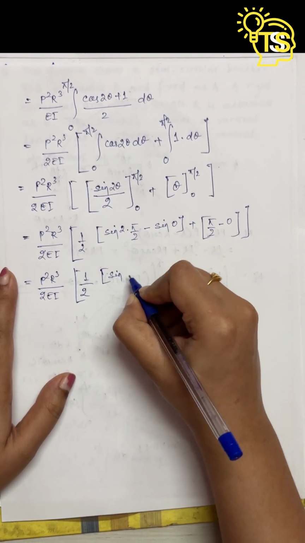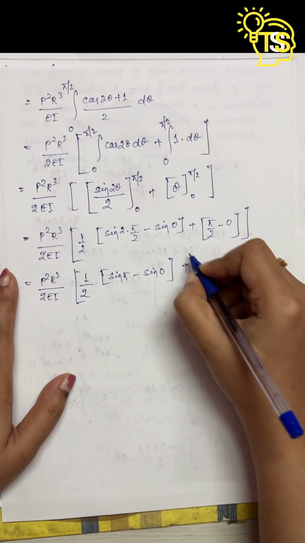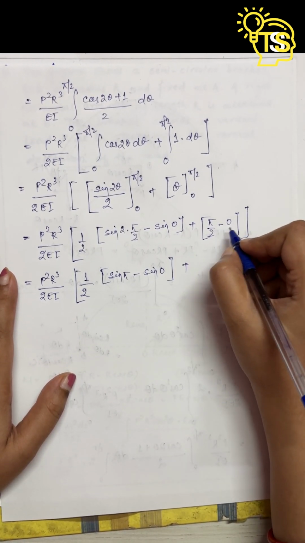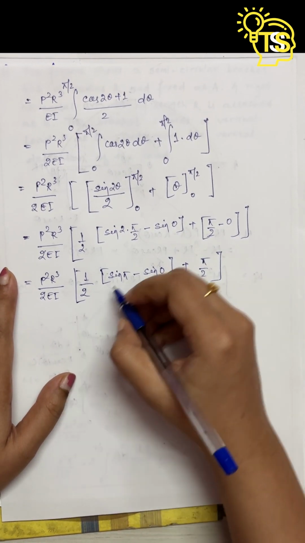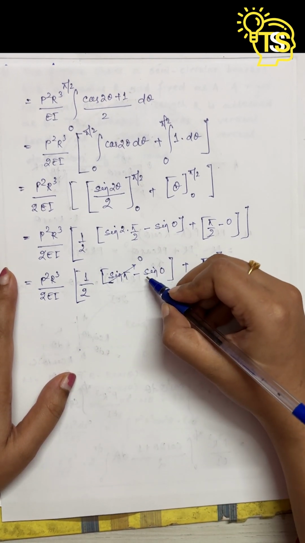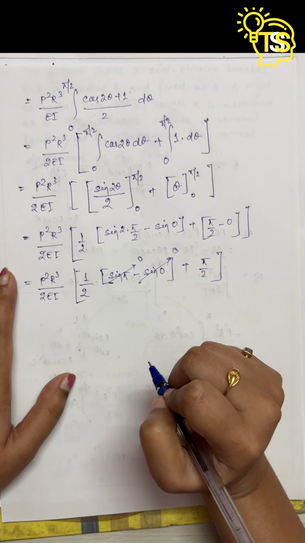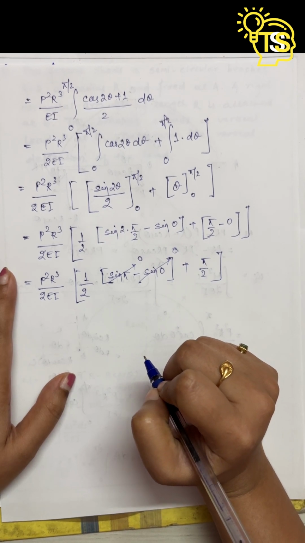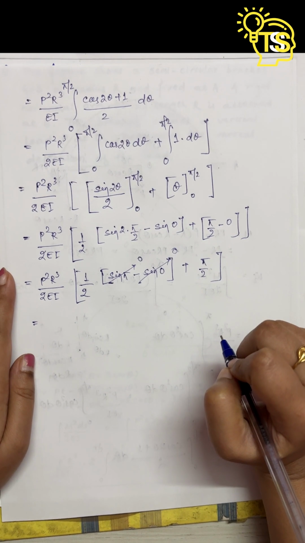We will get only sin pi minus sin 0. Pi by 2 minus 0 is pi by 2. The value of sin pi is 0, value of sin 0 is also 0. So this term got cancelled out because the value we got is 0. Now we are left with only pi by 2 inside the bracket.